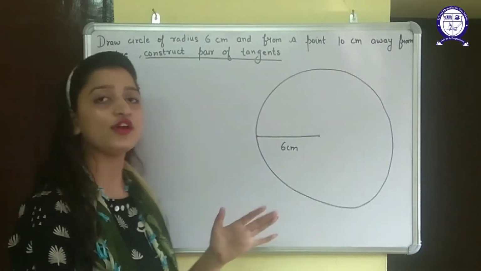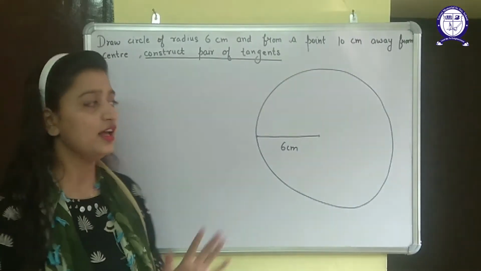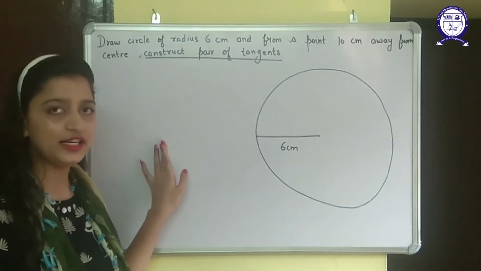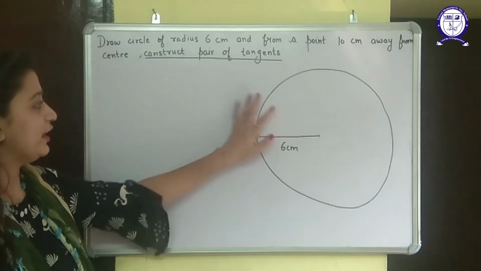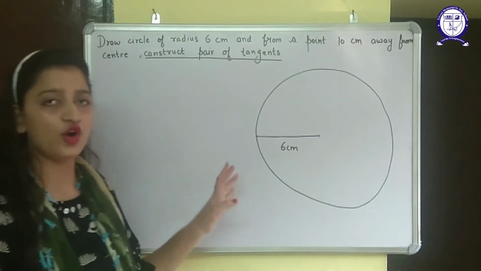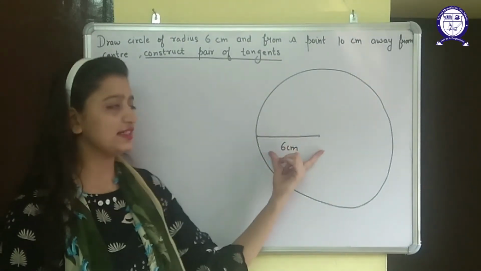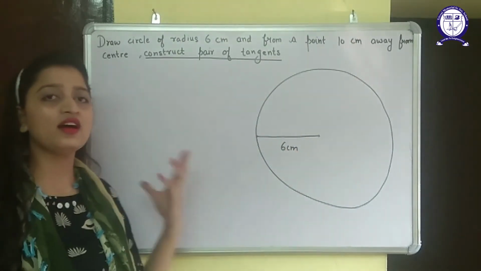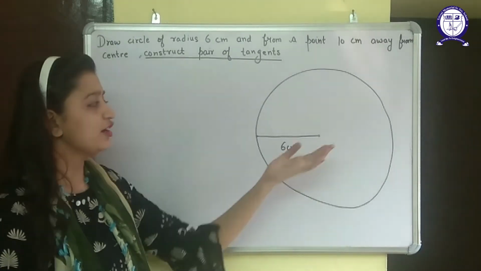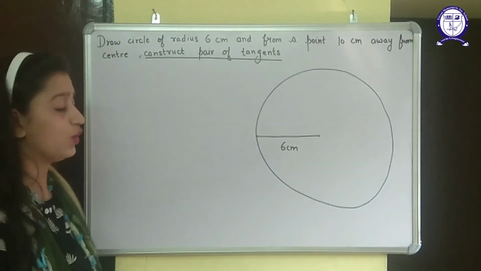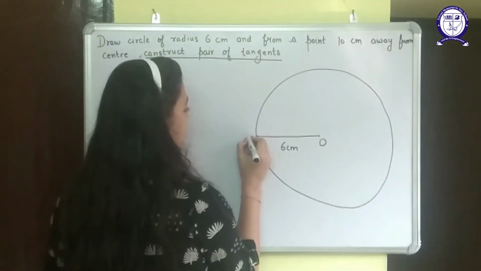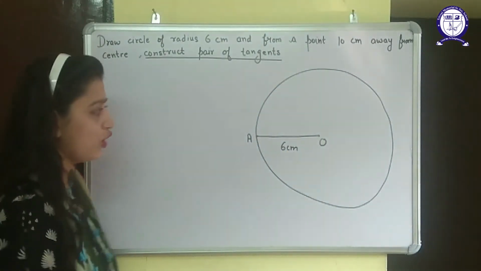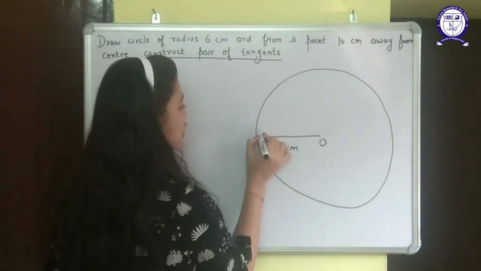So obviously the point will lie outside the circle, that is, on the exterior part of the circle, where you can draw the tangent on any side. Anywhere you can draw. But to make the diagram very clear, try to extend this line only. So first of all, you will name this OA.